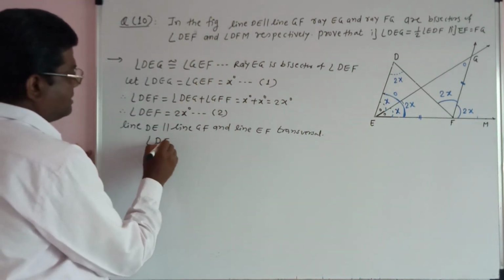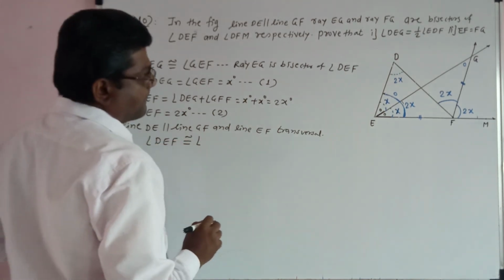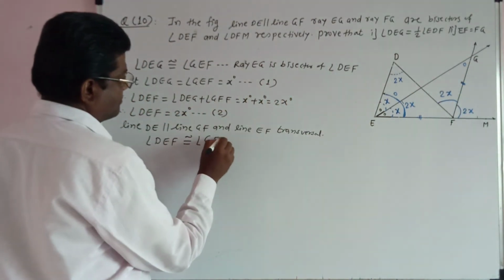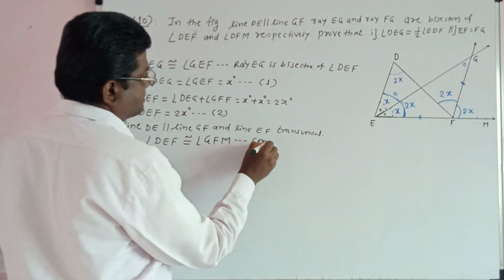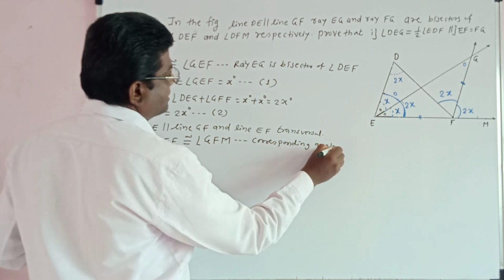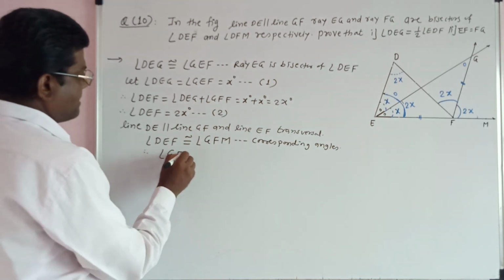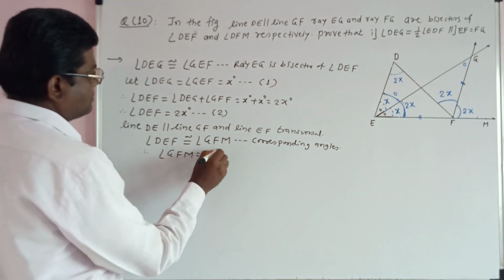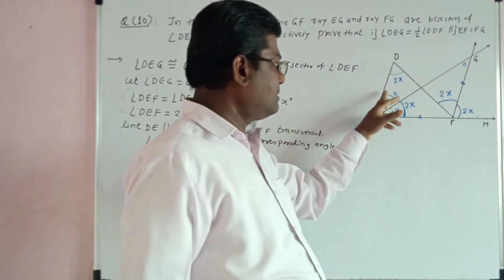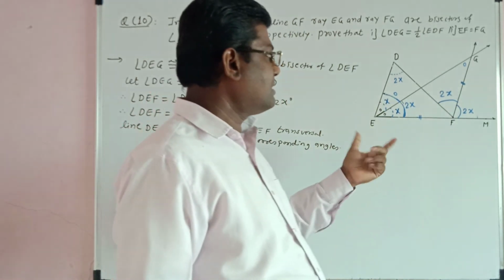Therefore angle DEF is congruent to angle GFM. Reason is corresponding angles. Therefore angle GFM is equal to 2x degrees. This is equation number 3. This angle 2x and this angle 2x are corresponding angles, that are equal to 2x.